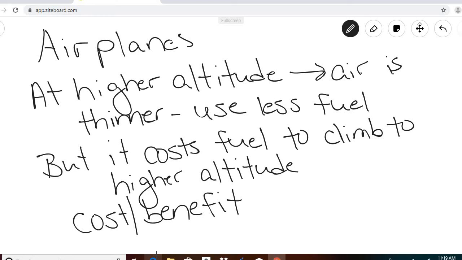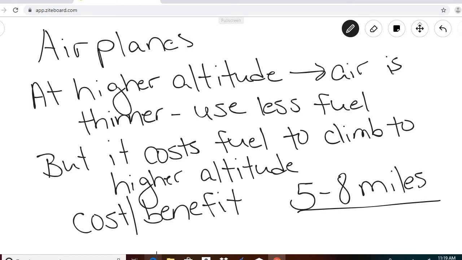Typically airplanes fly from about 5 to 8 miles above Earth, because they have figured out that at that altitude the fuel they burn is less than it would cost to climb higher. So commercial airlines usually fly within about 5 to 8 miles.